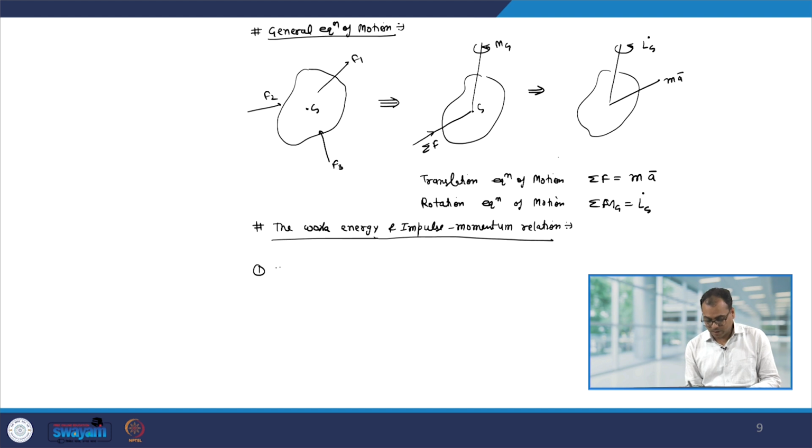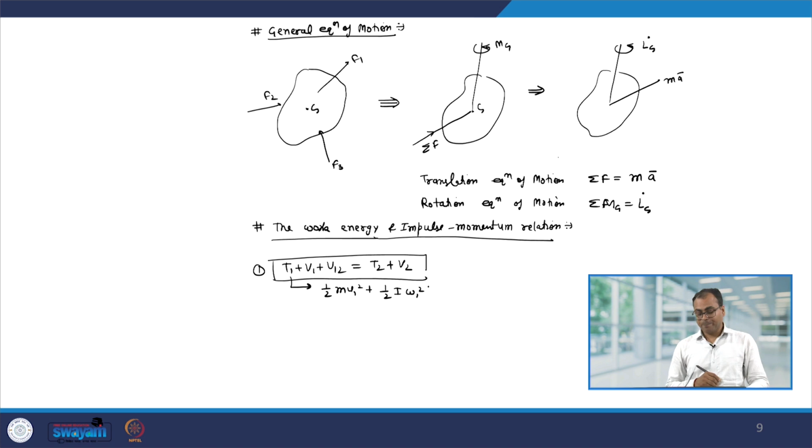Herein we have the work energy equation as T1 plus V1 plus U12 equal to T2 plus V2, and the kinetic energy T1 is half m V1 square plus half I omega 1 square, because the body has also the rotational energy.